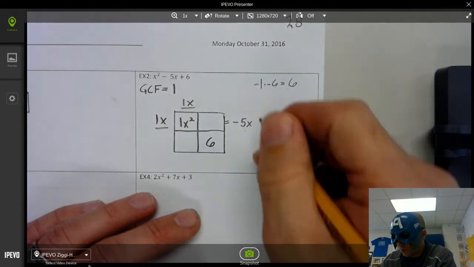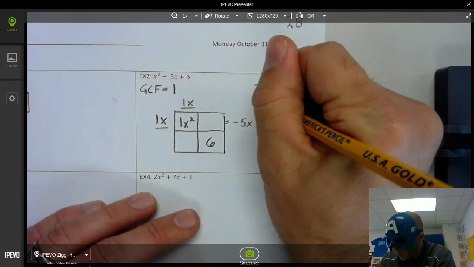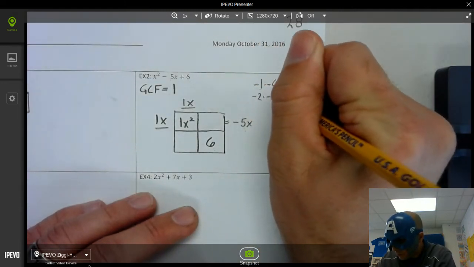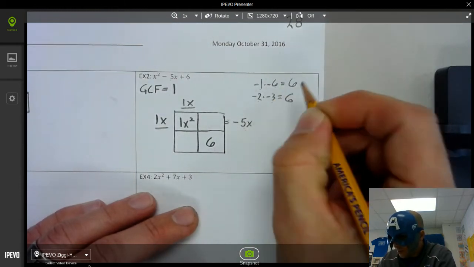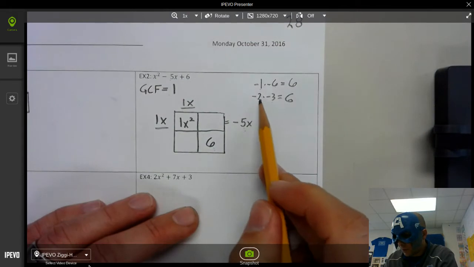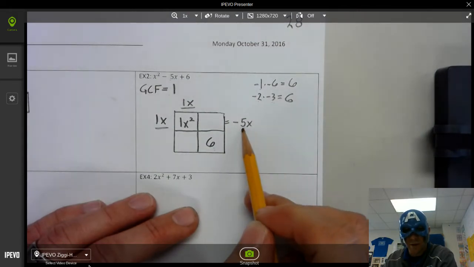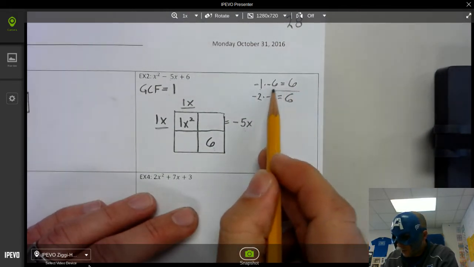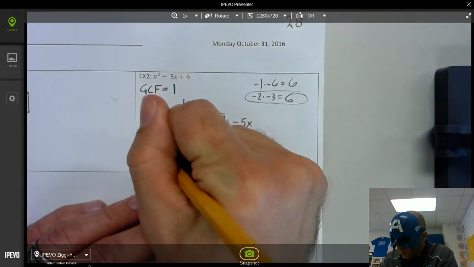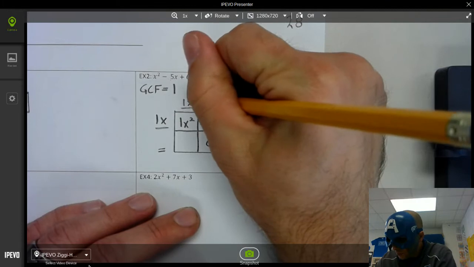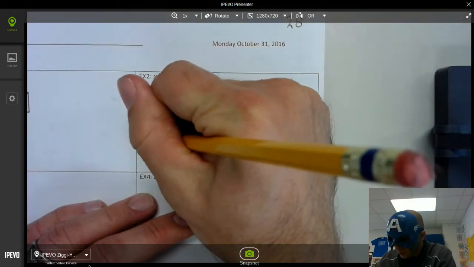No. So let's try the next combination, negative 2 times negative 3. That is a positive 6. Does negative 2 combined with negative 3 give you negative 5? Yes. So our two terms here are negative 2 and negative 3.